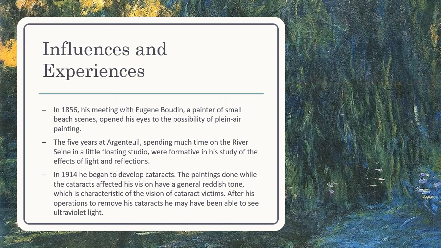In 1914, he began to develop cataracts. The paintings done with the cataracts affected his vision have a general reddish tone, which is characteristic of the vision of cataract victims. After his operations to remove his cataracts, he may have been able to see ultraviolet light, much like a bee.